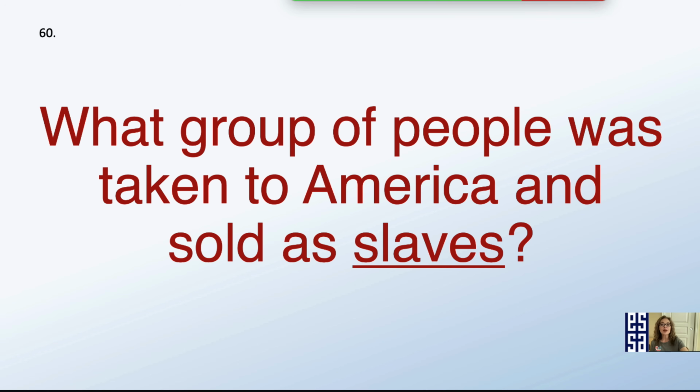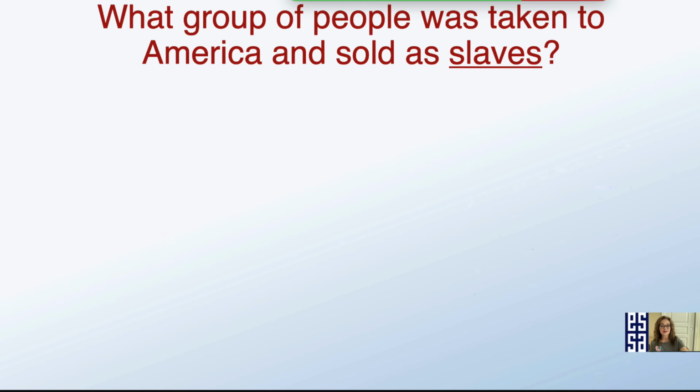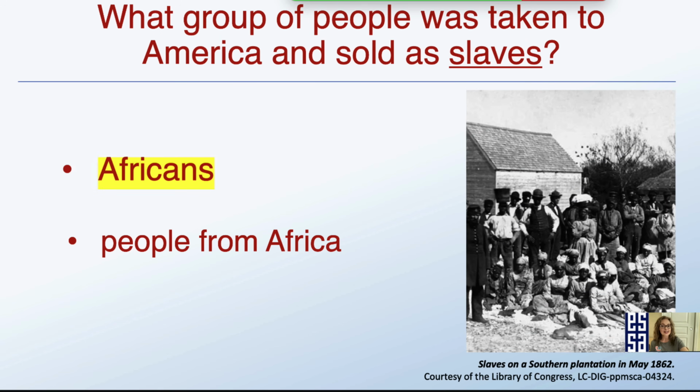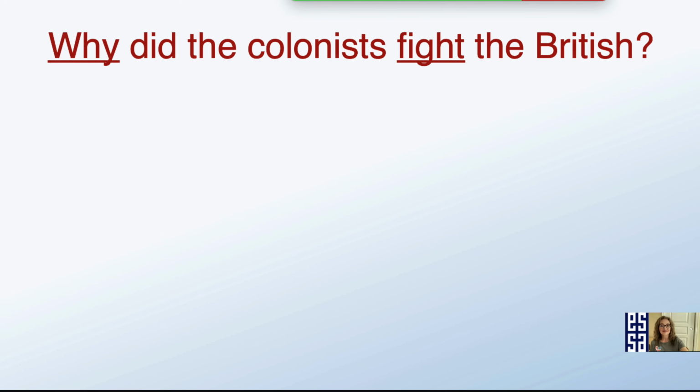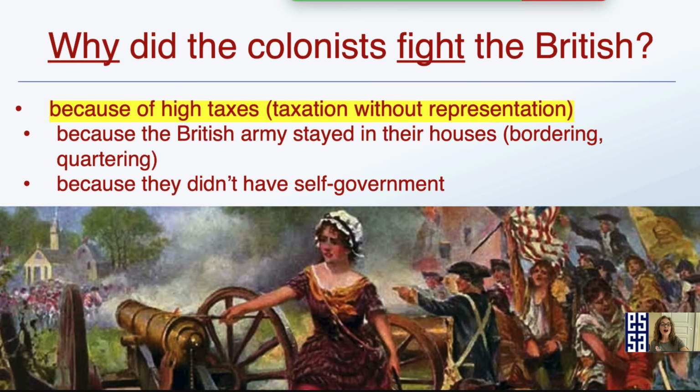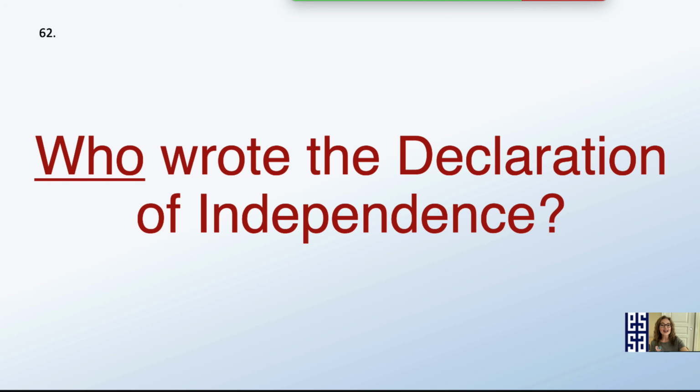What group of people was taken to America and sold as slaves? Africans. Why did the colonists fight the British? Because of high taxes. Who wrote the Declaration of Independence?